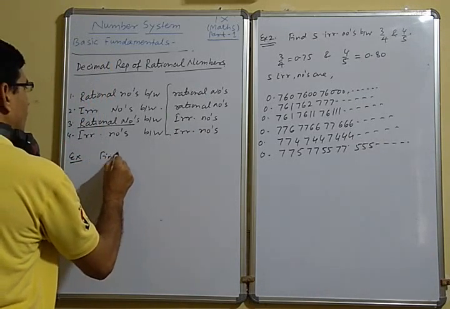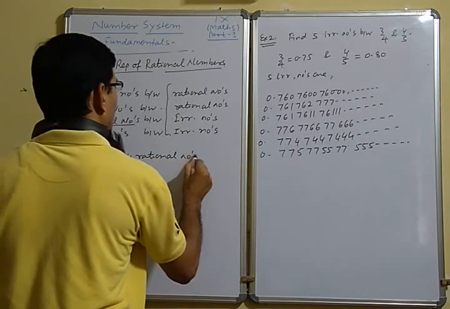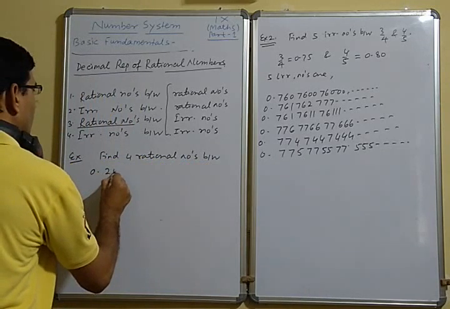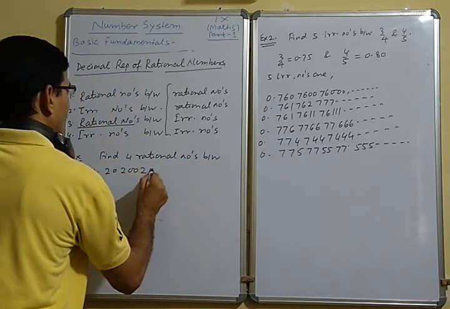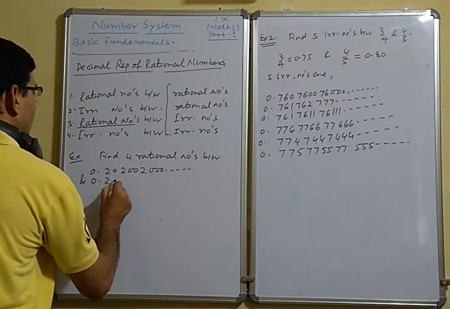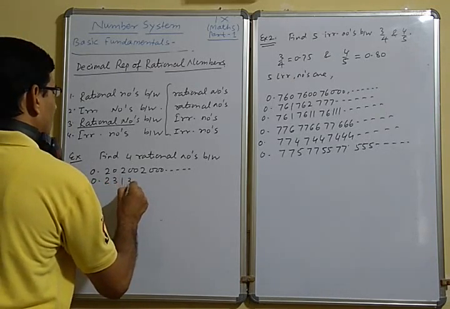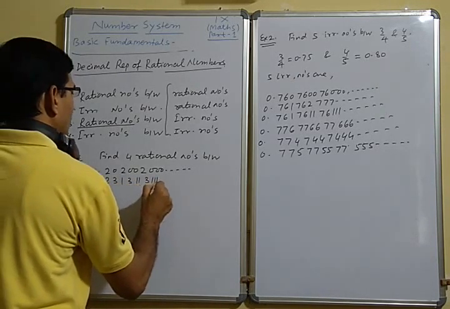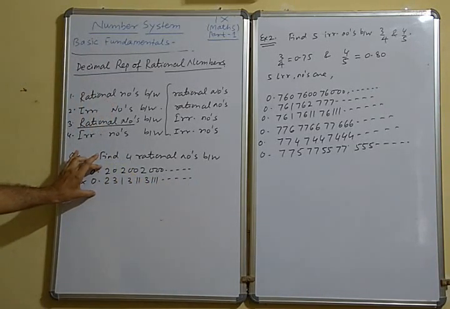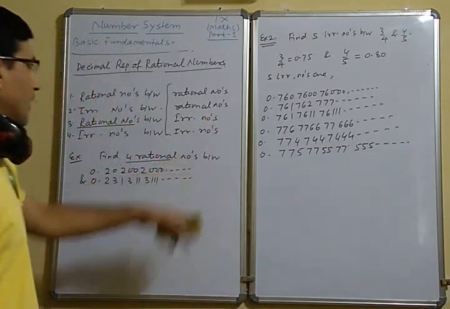Find four rational numbers between 0.20200200020000 and so on, and 0.231311311 and so on. These two irrational numbers are given, and we have to find four rational numbers between these two.